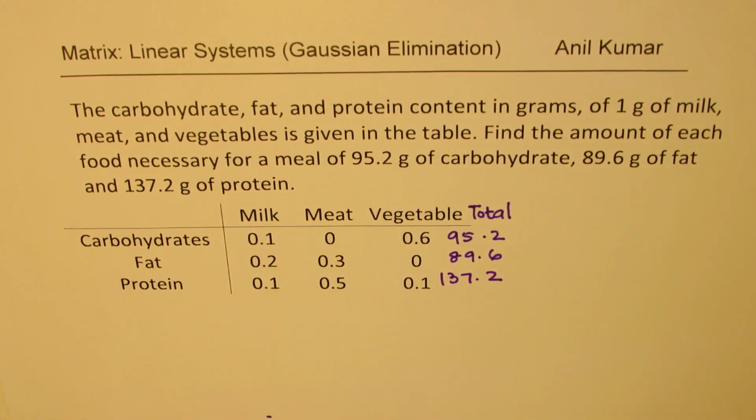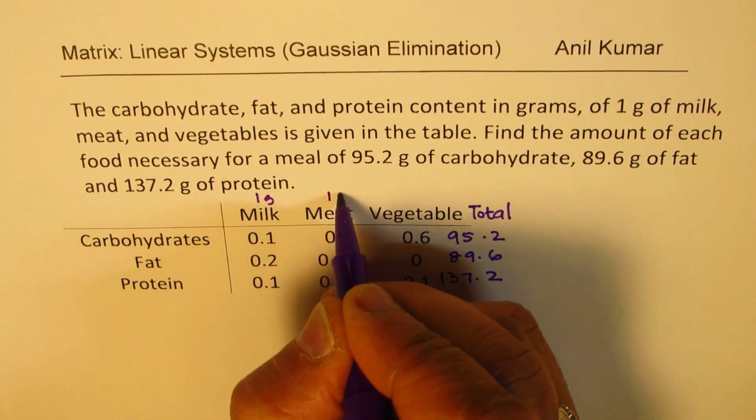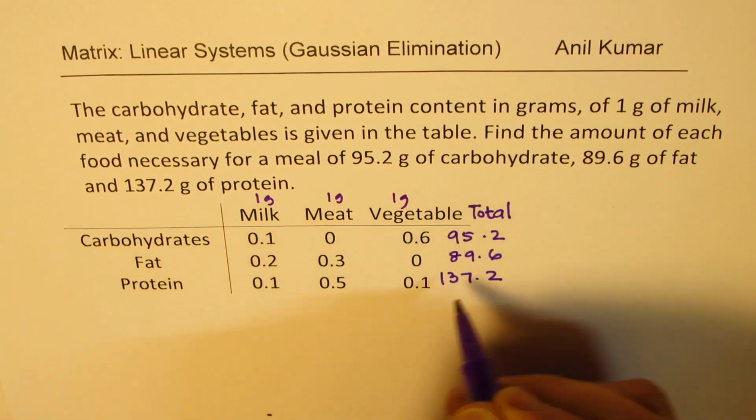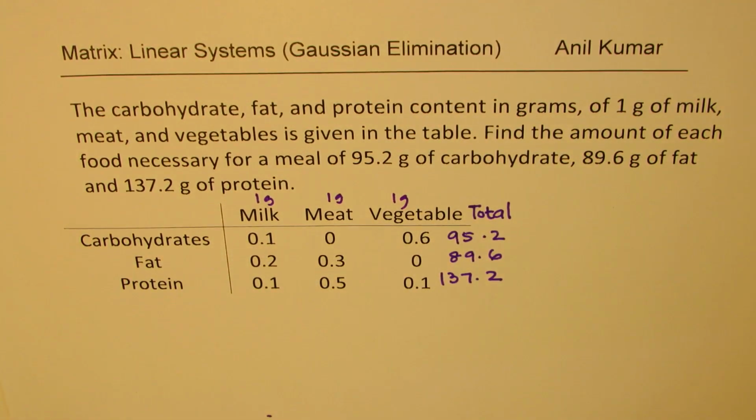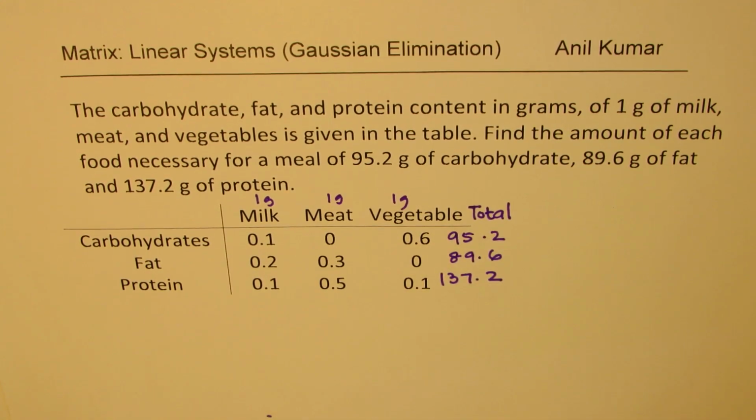That is what we need. We know the content in 1 gram each. Now how much do we consume of each kind so that we finally get that much? That is what we are interested in.